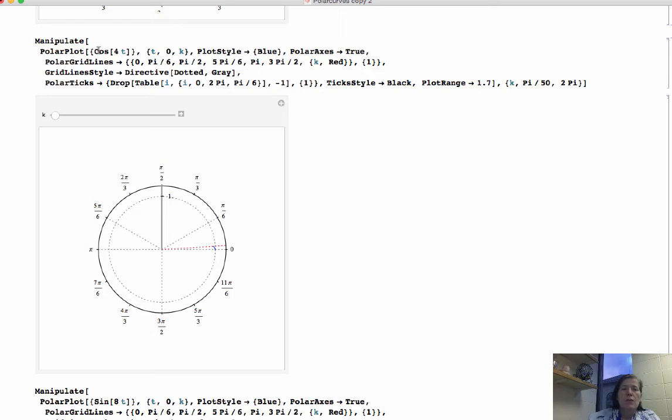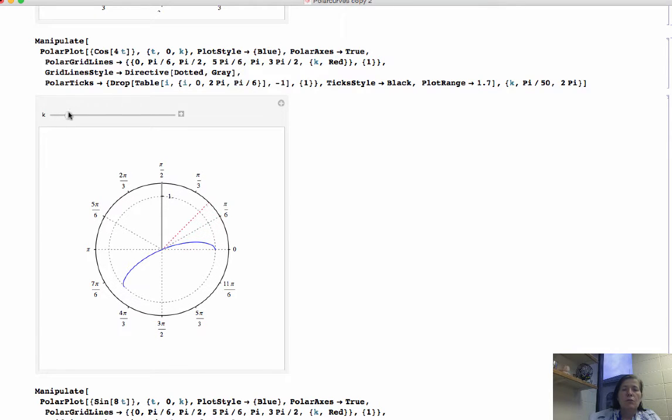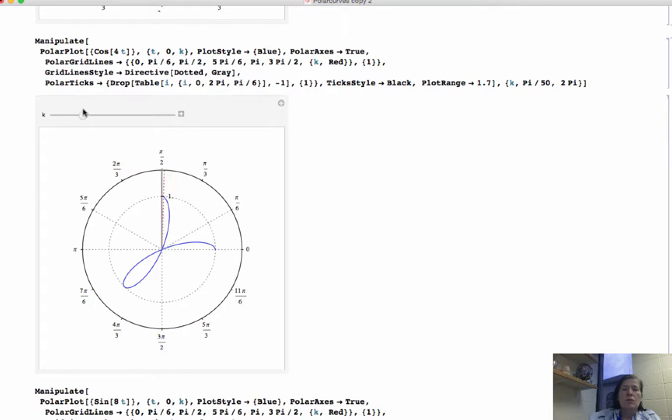Now what happens if I want to graph the equation r equals cosine 4 theta? Well, something very interesting happens here. As theta increases from 0 to pi over 2, we're looking at the cosine of angles from 0 to 2 pi. And as we run around from 0 to pi over 2, we get something like a petal of a flower plus 2 half petals.